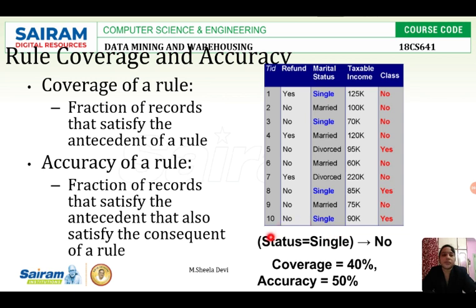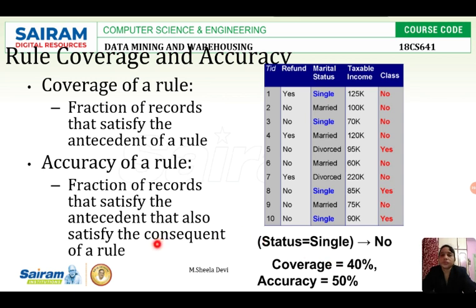Antecedent means the left hand side; the right hand side is the consequent. So for the left hand side, status equal to single, we check how many times it is there in the data set. We have 1, 2, 3 and 4. So 4 divided by the total number of tuples or records, which is 10. So 4 by 10 is equal to 40%. That is the coverage of the rule.